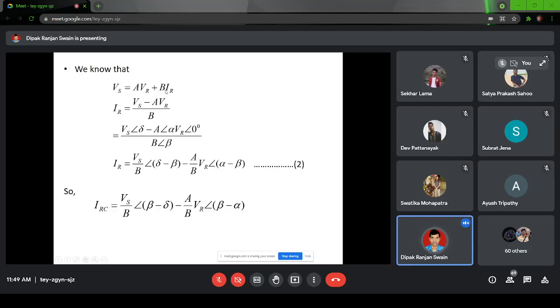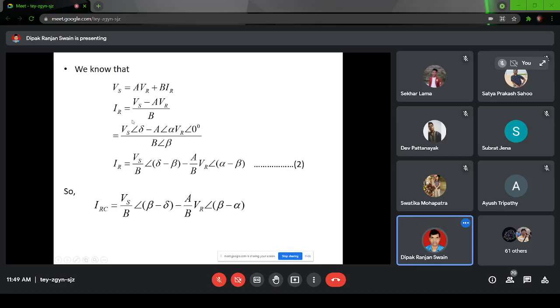So from that you can find IR as VS minus AVR by B. Conjugate of that means the angles will be negated.